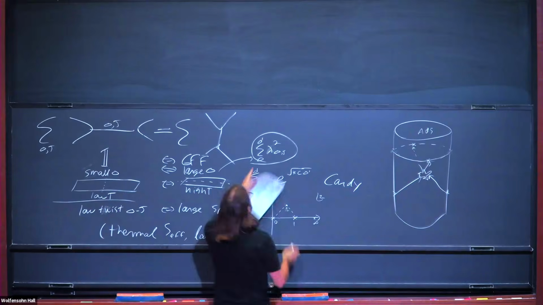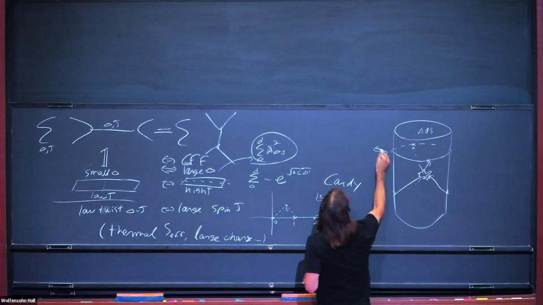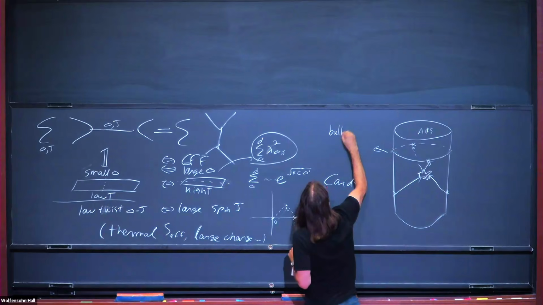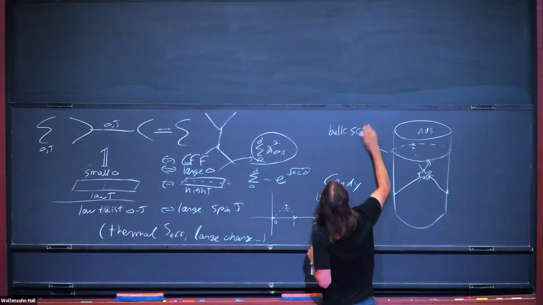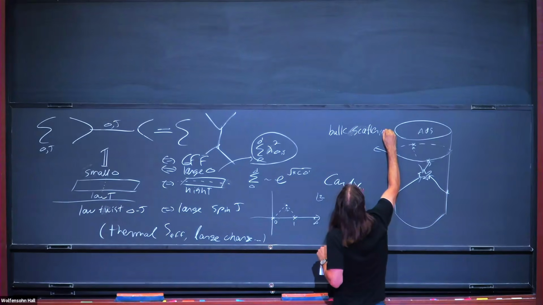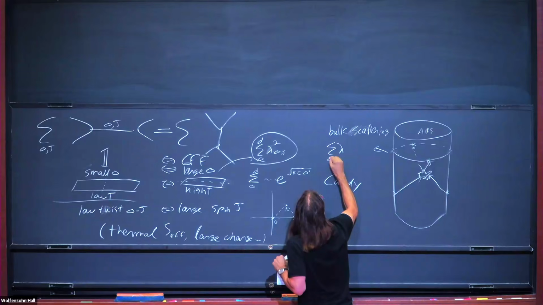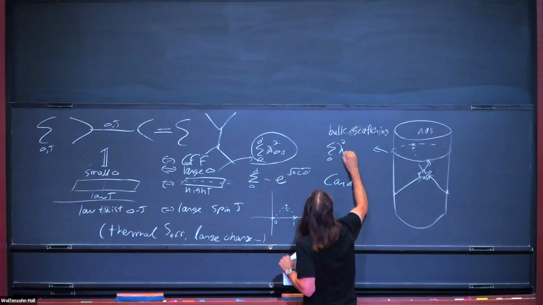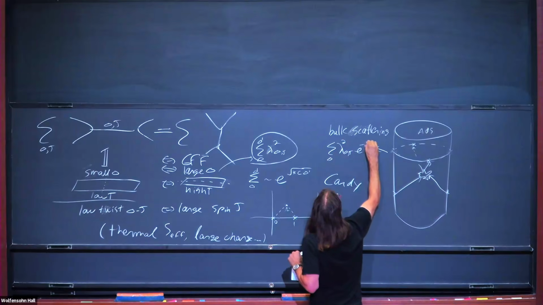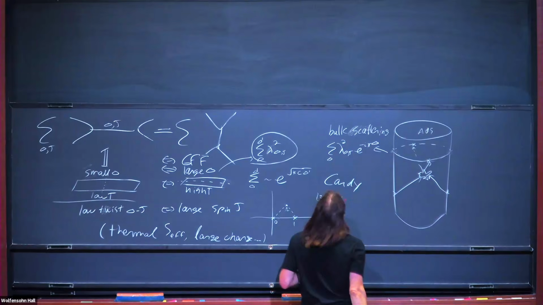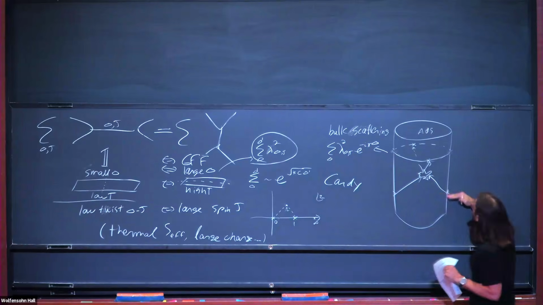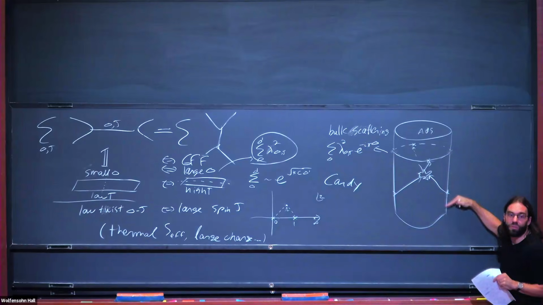To give you some sense of this bulk point scattering, if you have a theory where there's a bulk, this bulk scattering gives you a prediction for the OPE coefficient squared times the phase, where the phase just represents the fact that you have Lorentzian time evolution at the boundary.